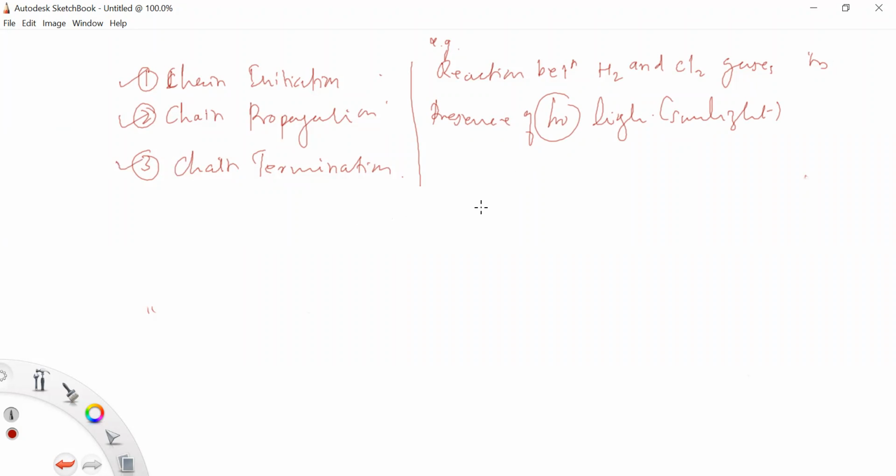Okay, so one by one, this is the chain initiation reaction, right? In this reaction, in the presence of light, the chlorine gas molecule is dissociated into two radicals.